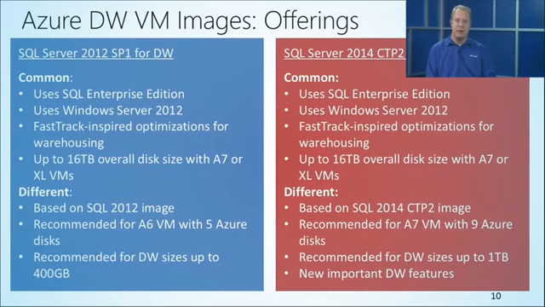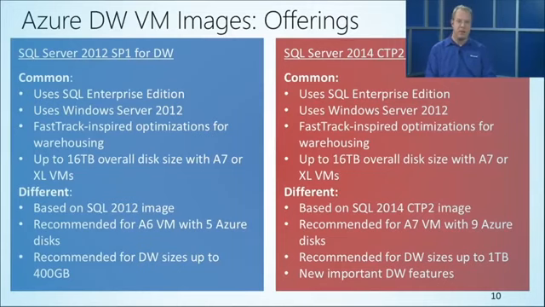And it can take you up to data warehouse sizes of up to 400 gigabytes in data size. Up to this size, you stay within the Fast Track best practices. Obviously, you can accommodate much larger data sizes, but then you are no longer in the sweet spot from a Fast Track perspective.